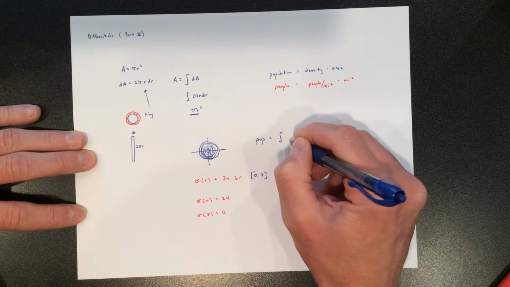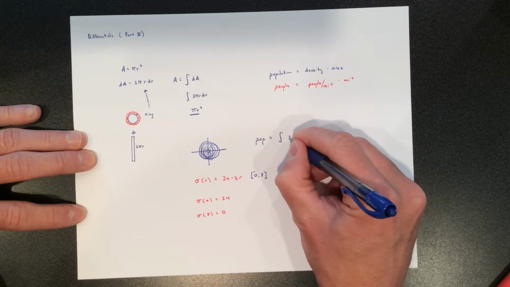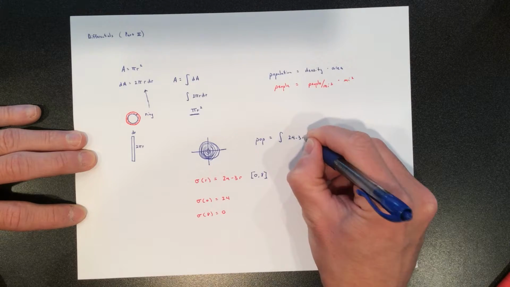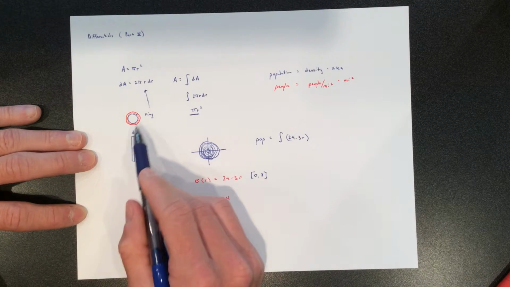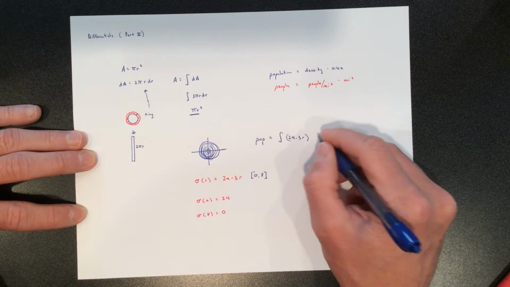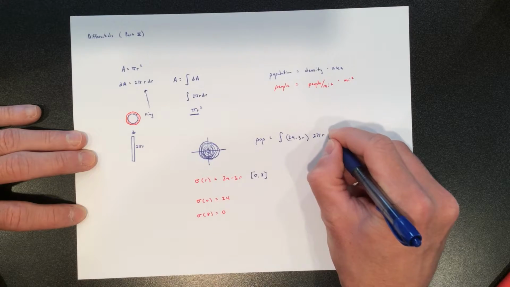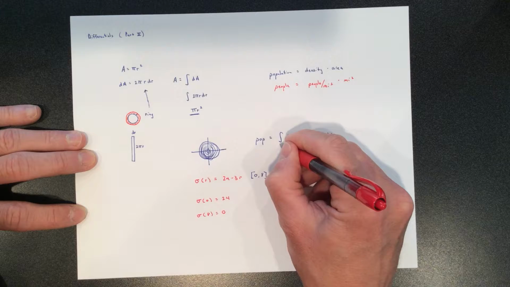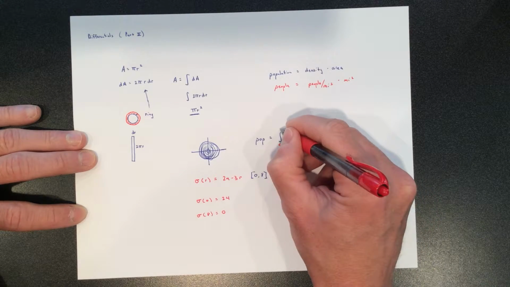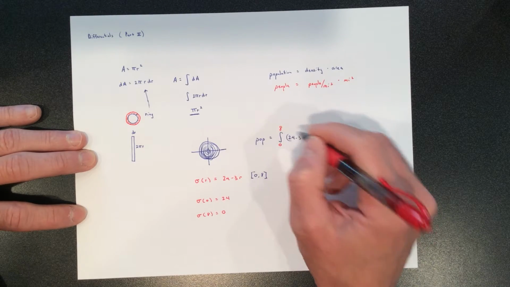The integral of the density, and the density is 24 minus 3r. That's the density of each ring times the area of each ring. But the area of each ring is dA, which is 2 pi r dr. And we would integrate, in this particular case, from 0, and we're going to let r go all the way to 8.